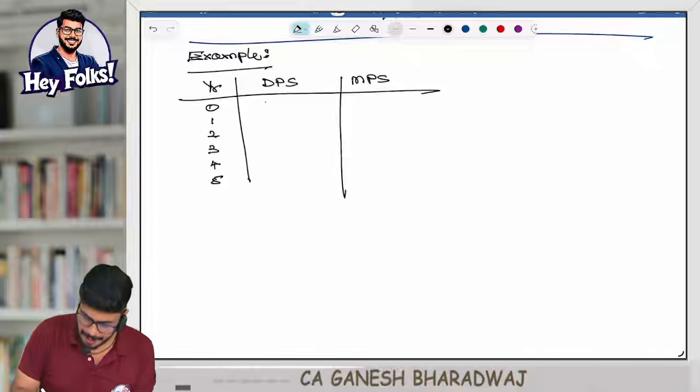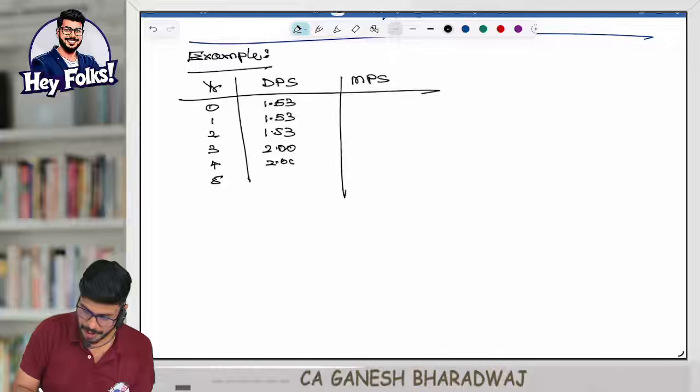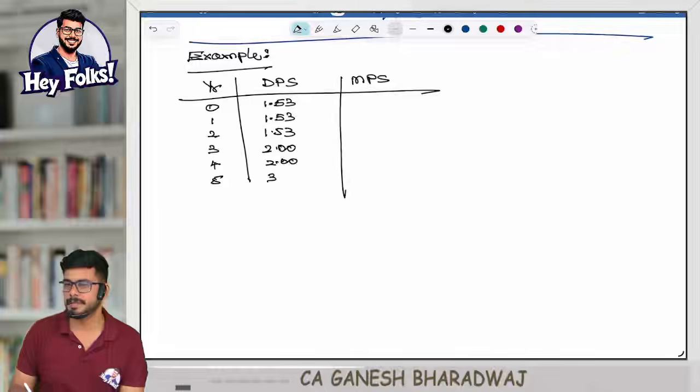What is the dividend here? Year 0, 1.53. Year 1, 1.53. Once again, 1.53. 2.00, 2.00, and 3. Is this clear? So dividend for each of the 6 years, year 0, 1, 2, 3, 4, 5 are given.